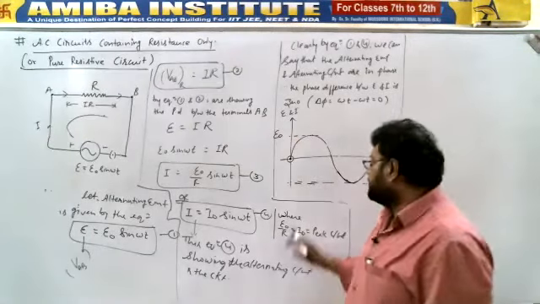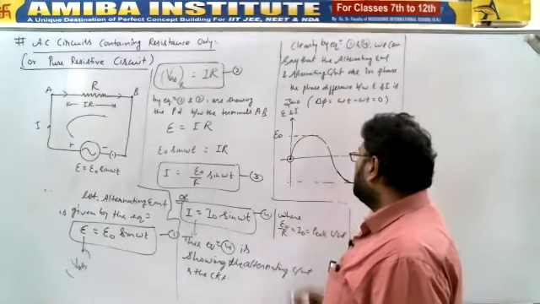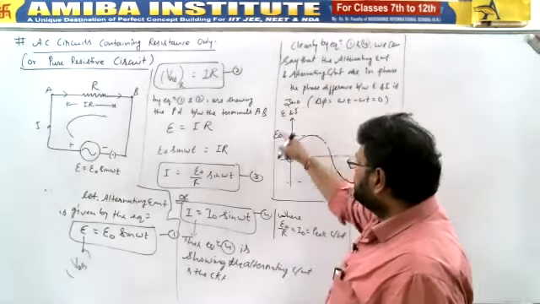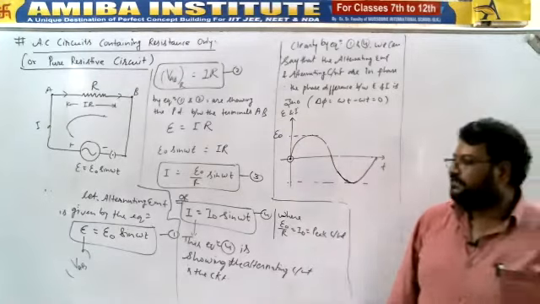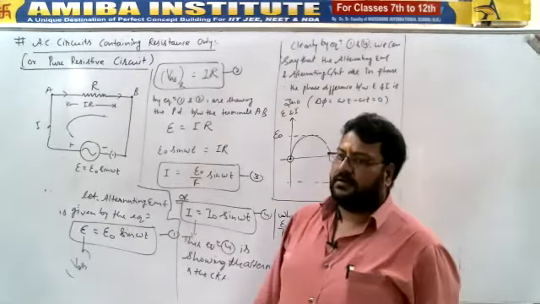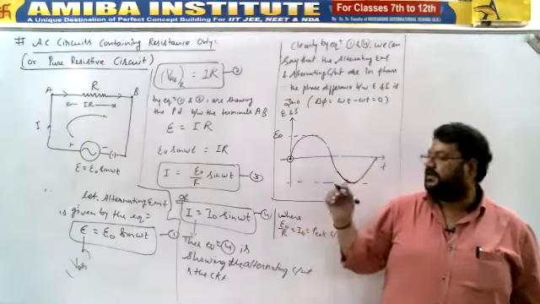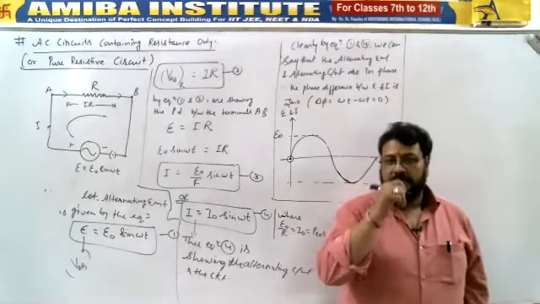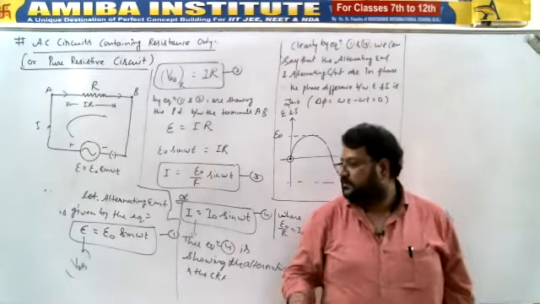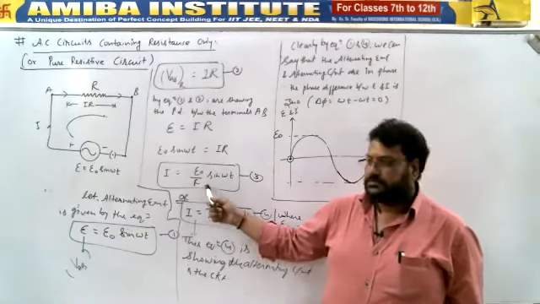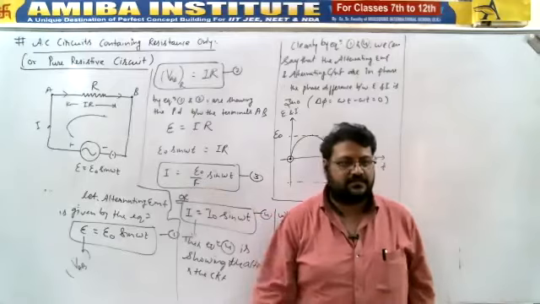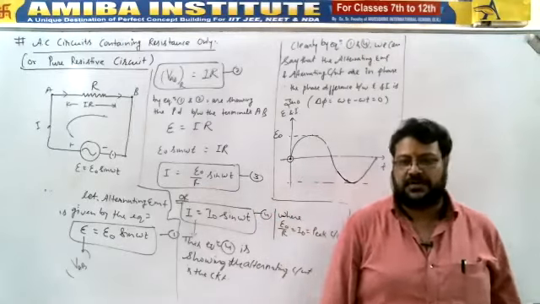Now E has been drawn, I'm drawing the graph for I. The I value should be less than or equal to the peak value of E naught. Reason? E naught upon R. So definitely there is some factor due to which it has been reduced, 1 upon R times.